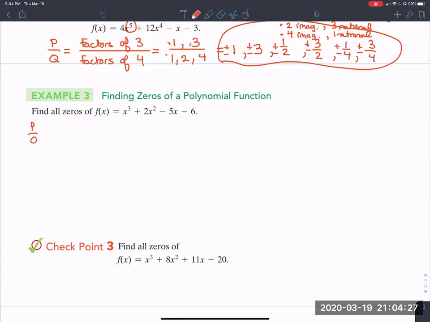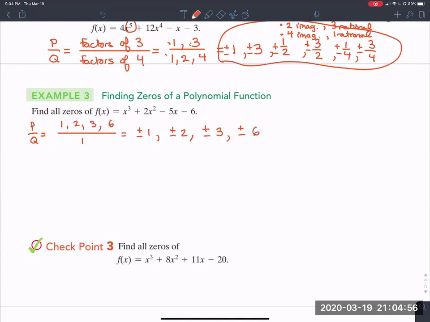All the potential rational zeros will be of the form P over Q, where P is the factors of 6, which is 1, 2, 3, and 6, because 6 is my constant term, divided by factors of the leading coefficient, which is 1. So potentials are positive and negative 1, positive and negative 2, positive and negative 3, and positive and negative 6.